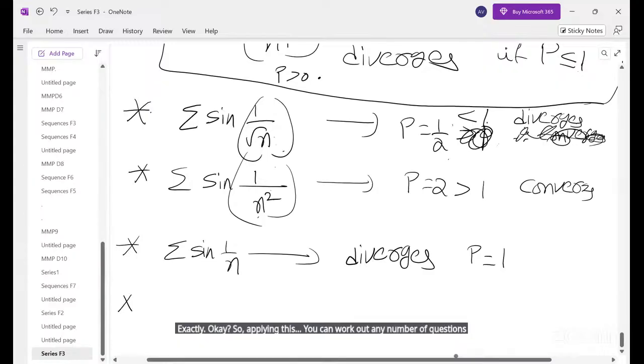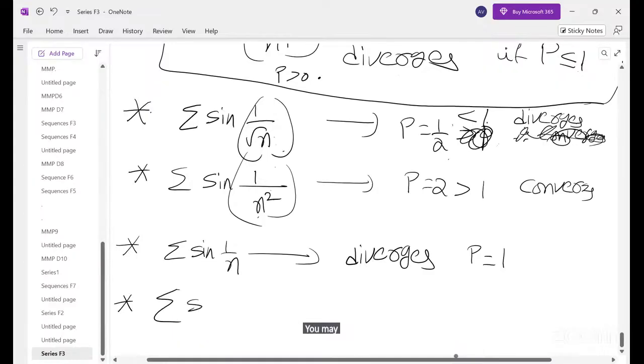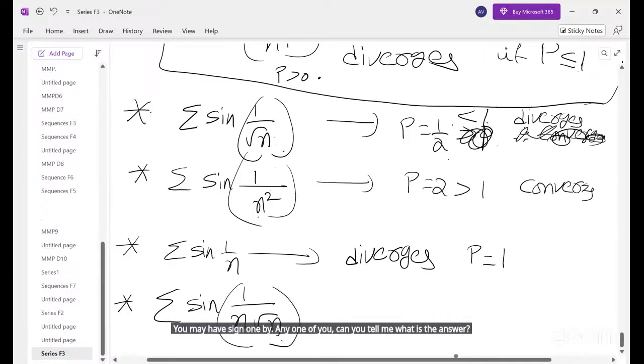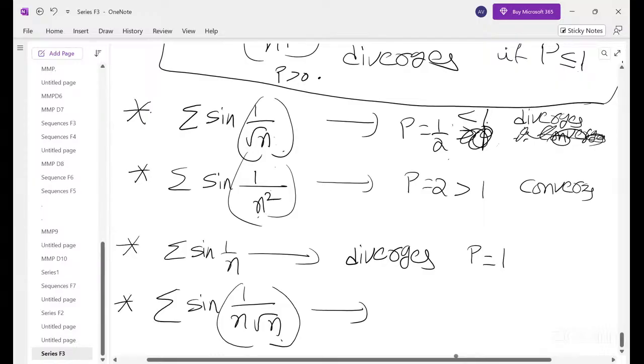For example, you may have sin(1/(n root n)). Any one of you, can you tell me the answer? Convergent or divergent? Convergent, correct, good. Why? Because what is p equal to? 3 by 2.